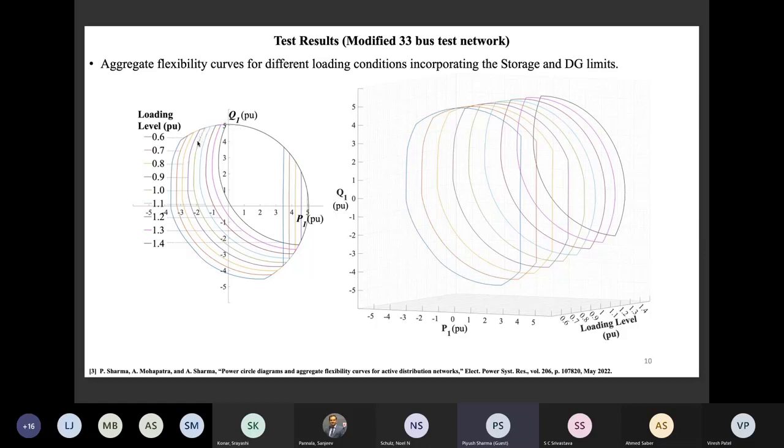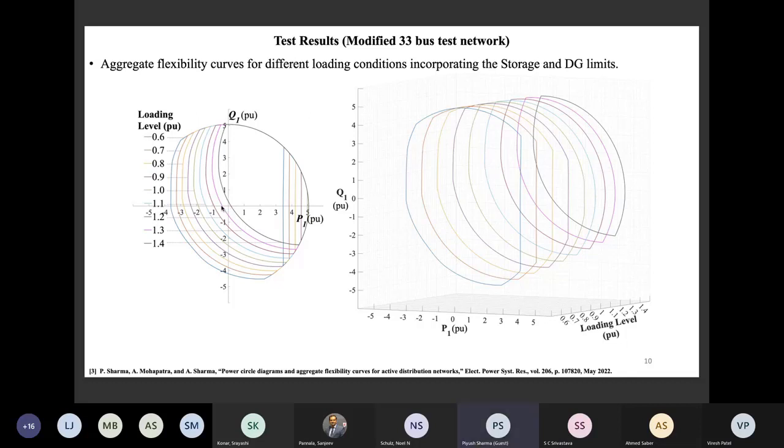And for different loading levels, we change the load uniformly and then obtain different curves. It can be observed that as the loading level increases, the flexibility curve tends to shift towards the positive P1 Q1 axis. That means that as the load increases, the local resources are utilized more to supply the local loads, and hence the power that can be sent back reduces.